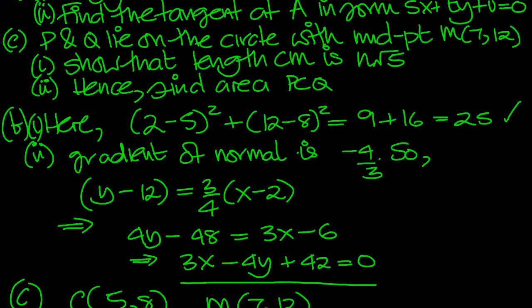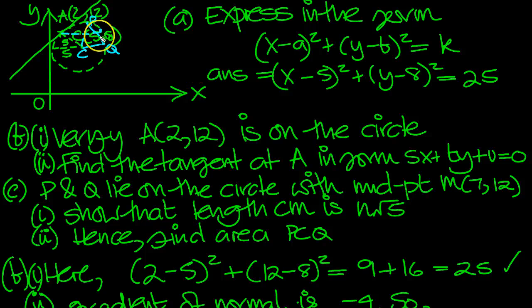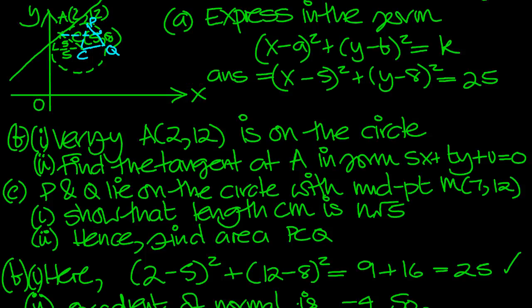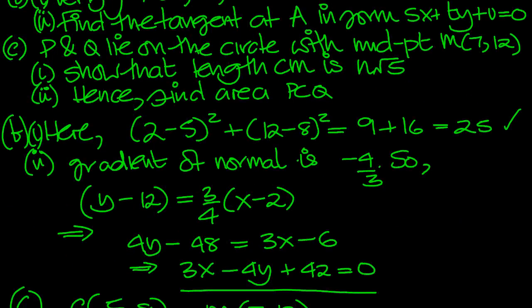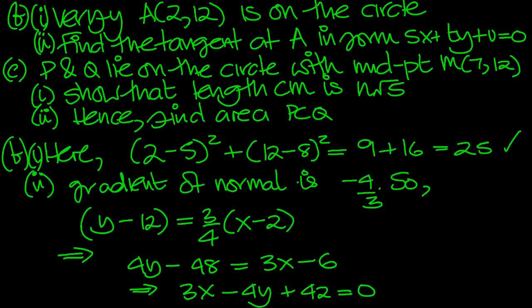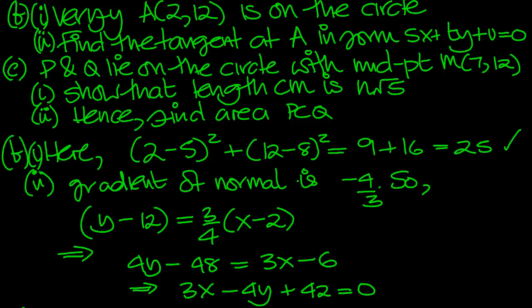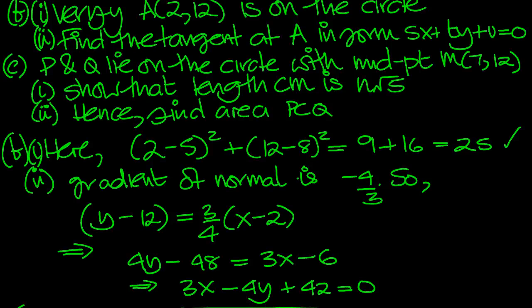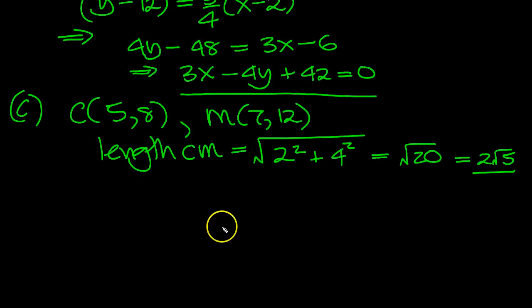Hence find the area PCQ. Well, simply it's half base times height, which we know. P and Q, CM is 2 root 5. So let's just draw it in here. So there's C, and this was distance 2 root 5.